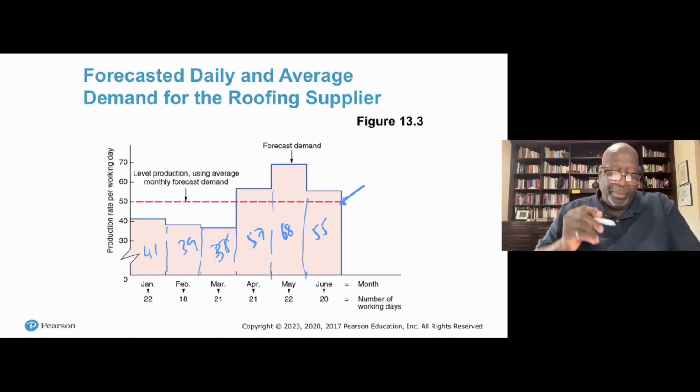Well, look at what will happen if we kept it constant at 50 units per day. We see that here, this is inventory because our production exceeds our demand. But look at how we have excess demand here.